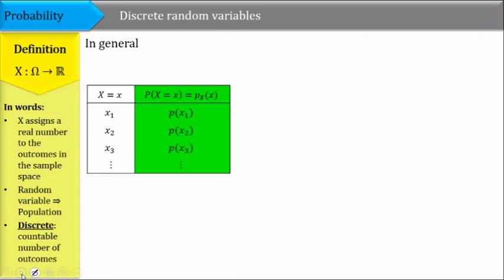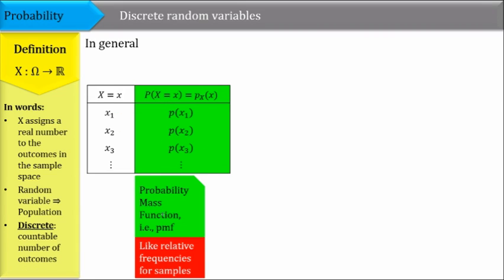Now, in general, what we have is we simply have our outcomes, right? Our random variable x, which will be the outcomes represented from the sample space. We have the probabilities for each of those outcomes. So the probability of getting x1 will just be p of x1. Getting x2 will be p of x2, and this is just a short notation for this over here. Probability of x equal to a specific value.